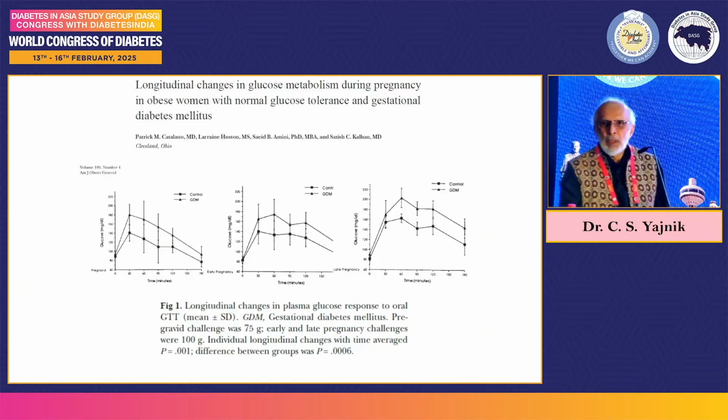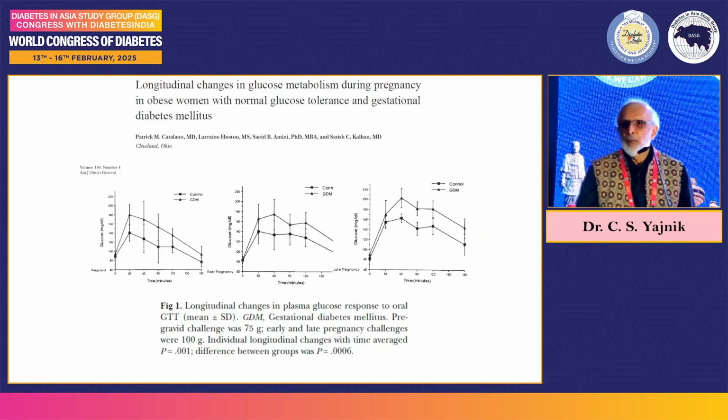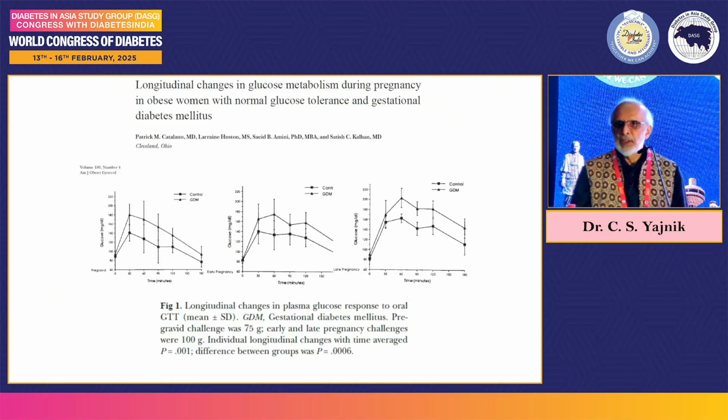There are a number of studies which showed that a woman whom we diagnose with GDM, because we test her in pregnancy, already has high glucose before pregnancy. These are the famous Pat Catalano studies on 38 women whom he studied before pregnancy and in early and late pregnancy.